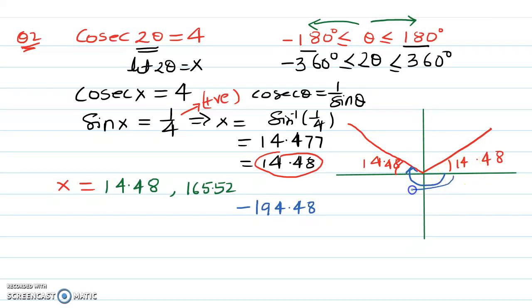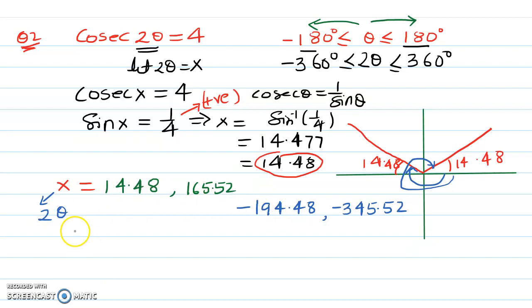You are going clockwise from here till here. So 360 take away 14.48 will give you minus 345.52.